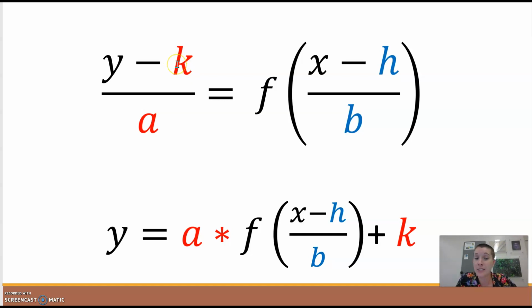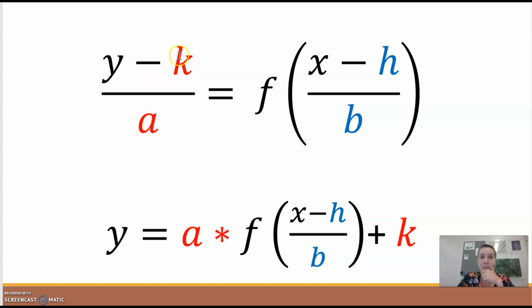If you're looking at this equation, that means that we'll have y minus 2. So just like our x translation, it behaves the opposite of what we think. If we move down 2, we will have y minus negative 2, or y plus 2. So that behaves the same way as our horizontal translation does.